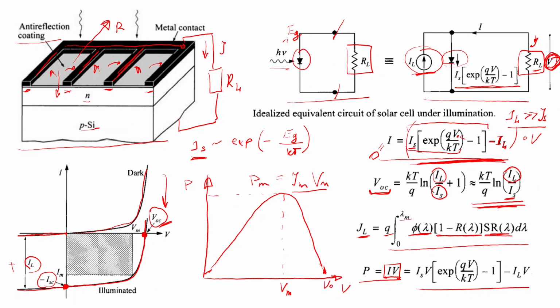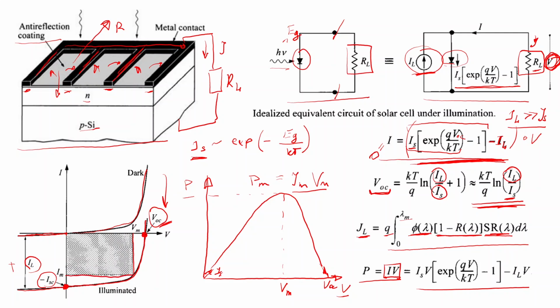So it will be VOC, here it goes to 0, and here in this region it will be short circuit current also, but voltage is 0, so it also goes to 0. So maximum current and voltage we need to find from this distribution of power, output power versus voltage, when we have a combination of large current and large voltage.